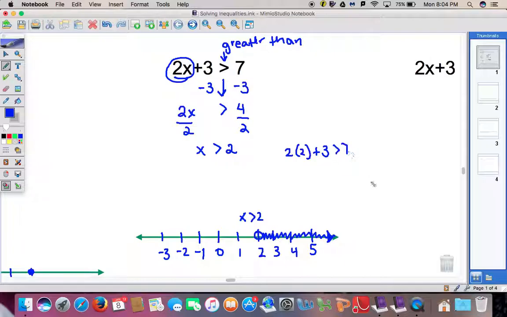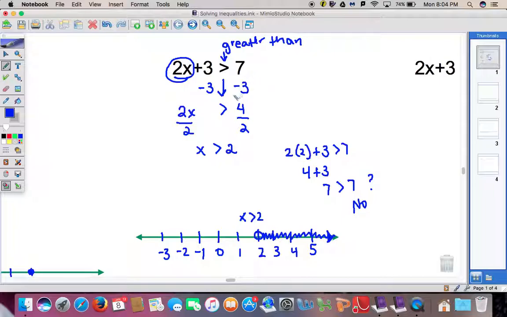Is that greater than 7? Well, 2 times 2 is 4, and 4 plus 3 is 7. And is 7 greater than 7? No. Because it's not a solution, we're not going to use a closed circle here. You're going to use an open circle because that's not a solution to x is greater than 2. It wouldn't make this inequality a true statement.